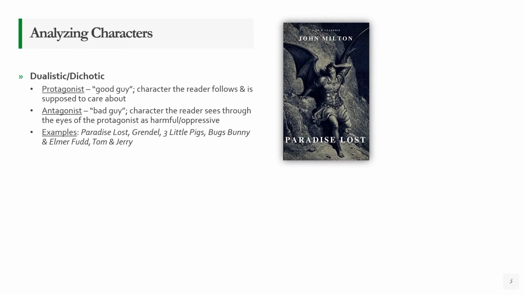One of the earliest and most famous versions of this is an epic poem written in the 17th century called Paradise Lost. Unsurprisingly, this is written through a very thick lens of Christianity, in which our protagonist in the story is actually Satan. It's the devil himself being cast out of heaven.